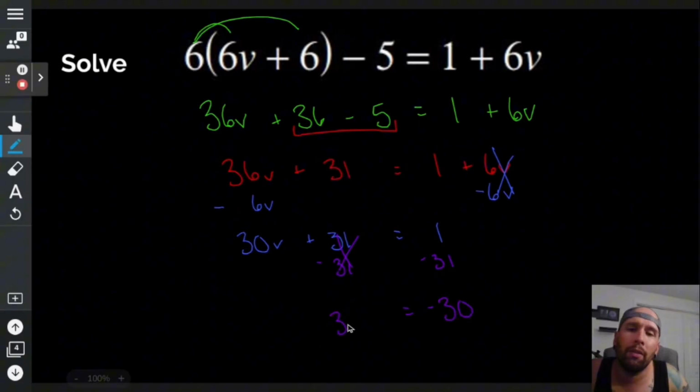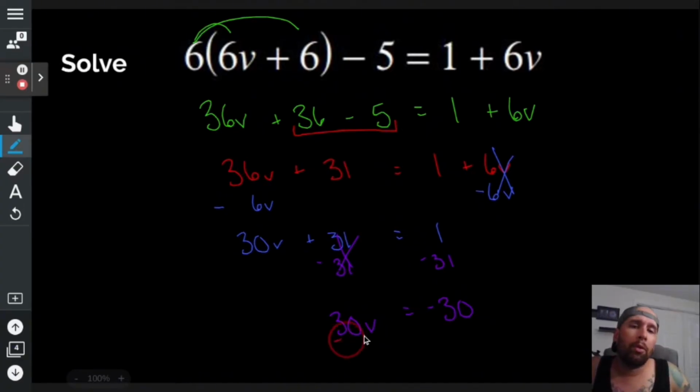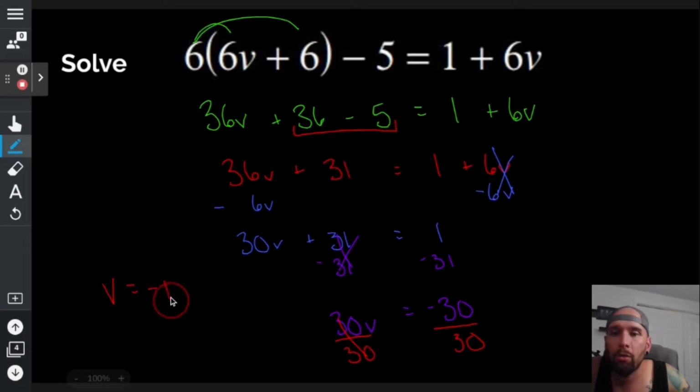So 30v on the left side drops down. And I'll divide both sides by 30 because 30 is being multiplied to v. Negative divided by positive is negative. And a number divided by itself is -1 in this case. Usually it's just 1, but in this case it's -1.